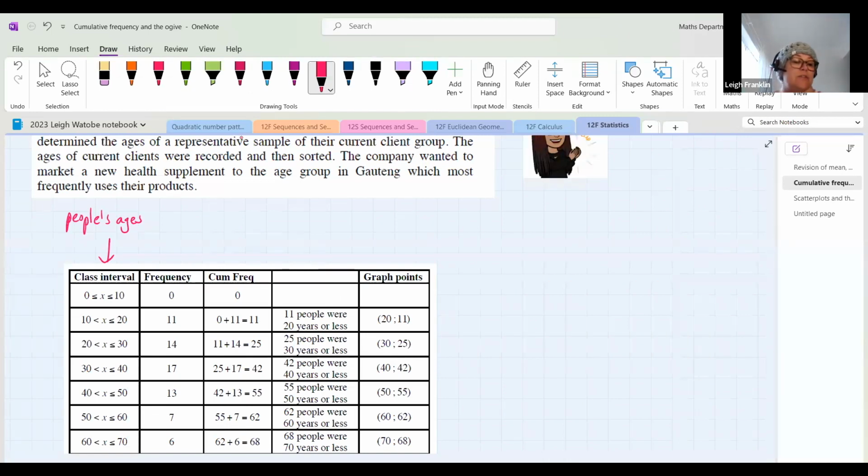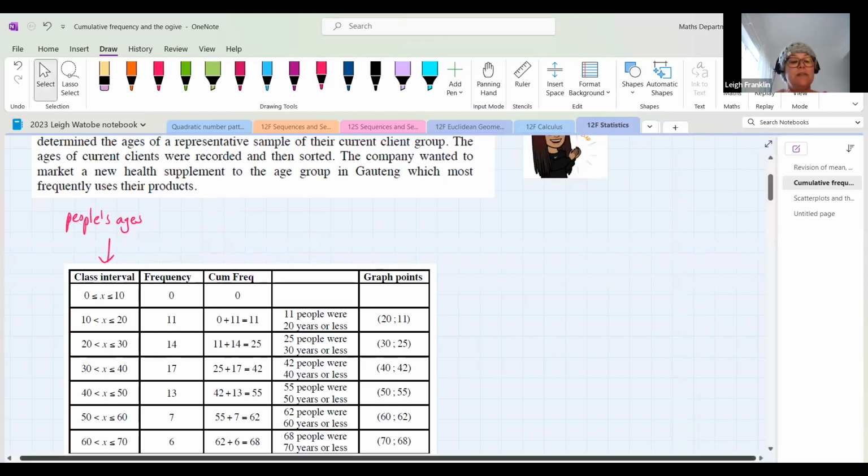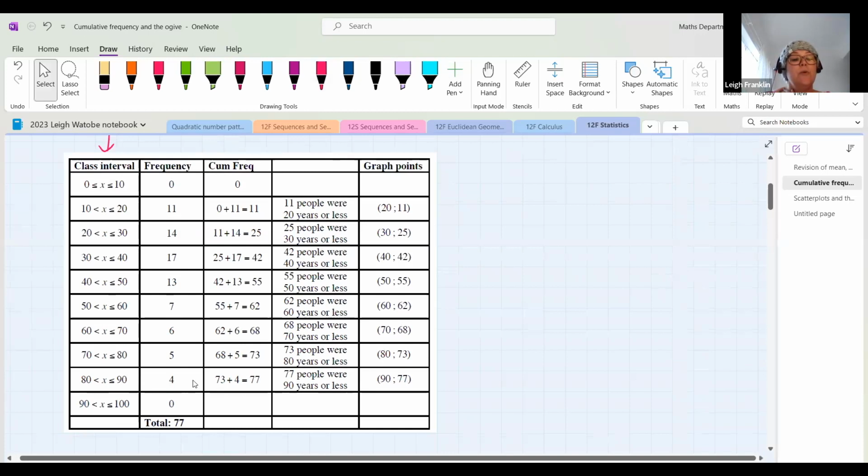Then between the ages of 10 and 20, there were 11 people. Between the ages of 20 and 30, 14 people. 30 to 40, 17 people. 40 to 50, 13 people. 50 to 60, 7 people. 60 to 70, 6 people. And so it goes on.